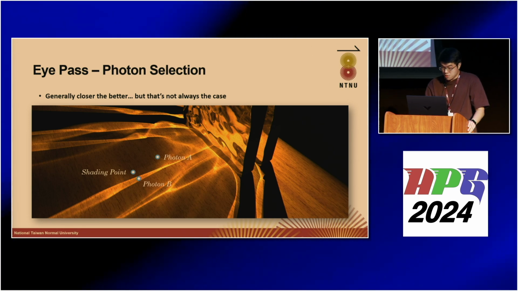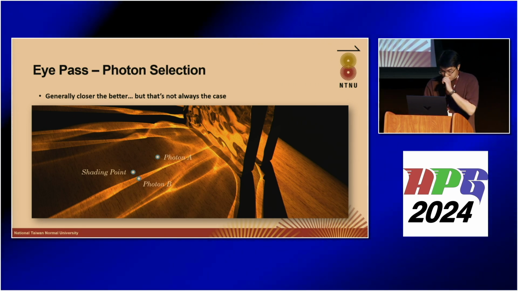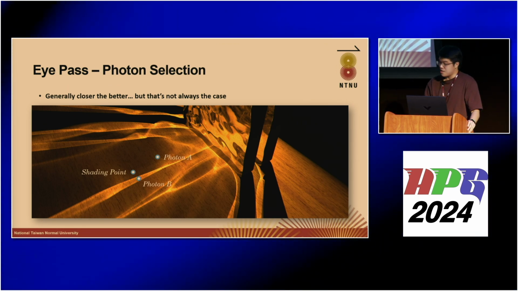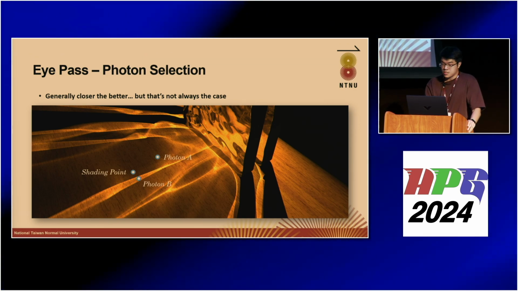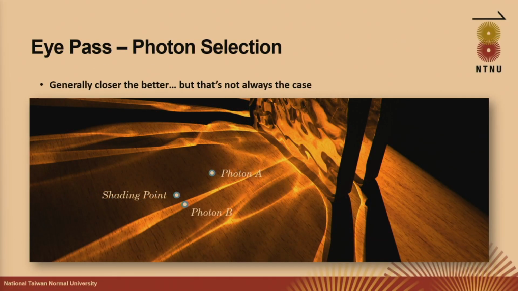For example, with photons A and B here, we might choose B because it is closer to the shading point. But if we visualize the incoming direction, you will see that A is actually more similar to the direction that the shading point should have.